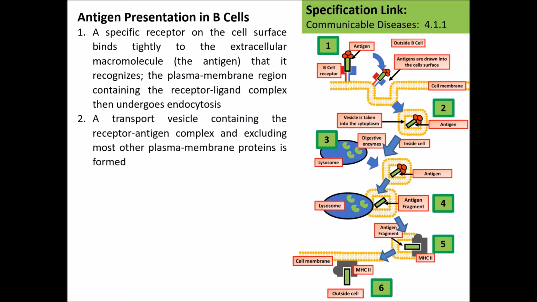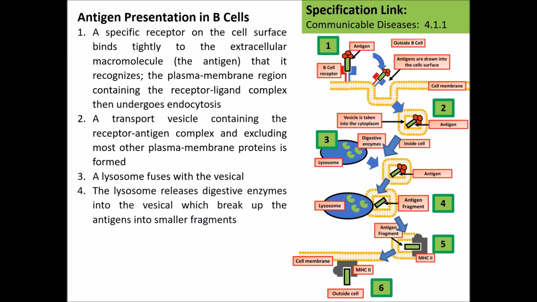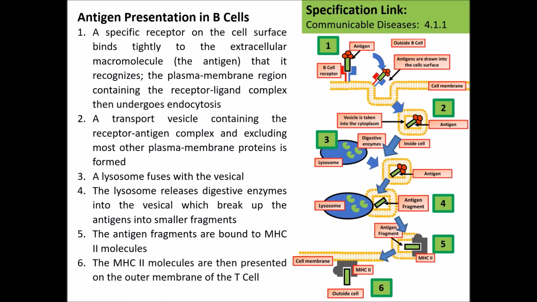A transport vesicle containing the antigen receptor complex is surrounded and taken in through the plasma membrane. A lysosome fuses with the vesicle and releases digestive enzymes into it, which break up the antigens into smaller fragments. The antigen fragments are then bound to MHC2 molecules, and these will be presented to B cells.